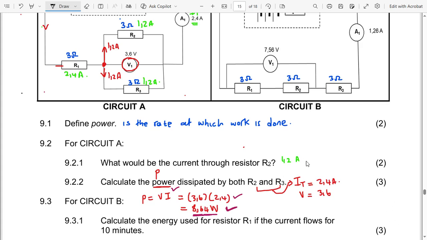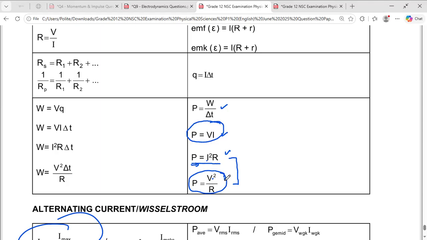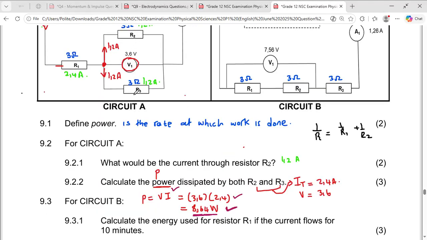And if I look at that, they are connected in parallel. So it's going to be 1 over R equals 1 over the first one, we add the second one. So if you choose to use those two formulas, you'll have to first calculate the total resistance for those two resistors.